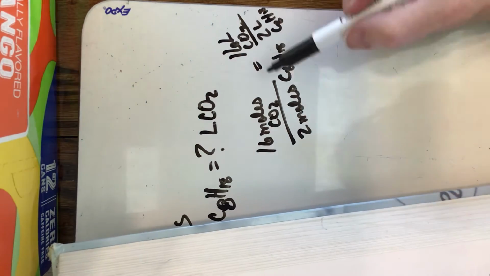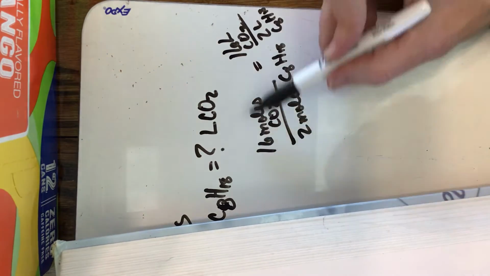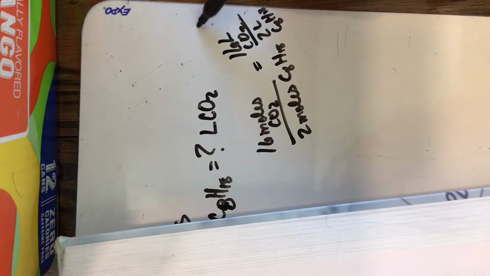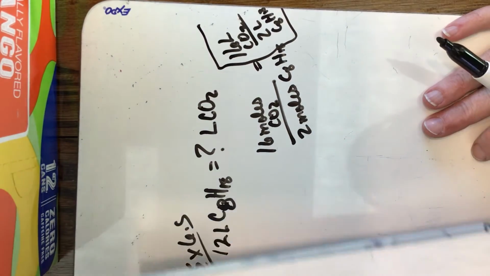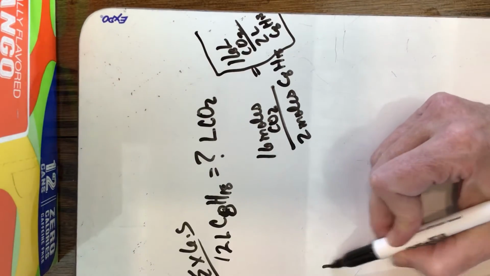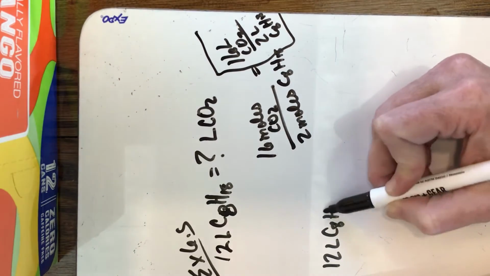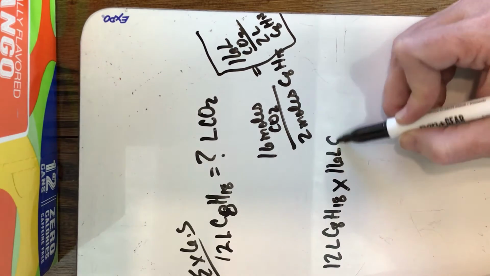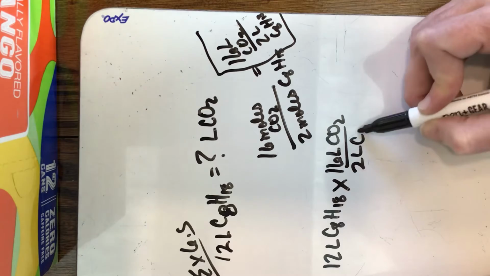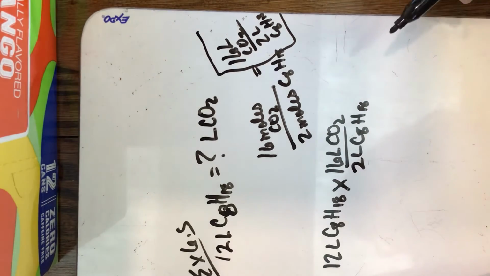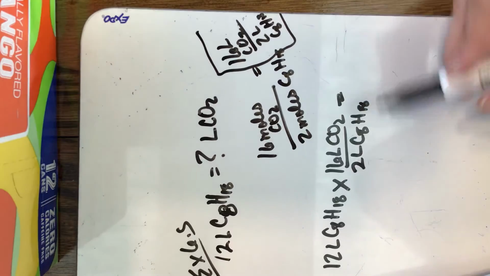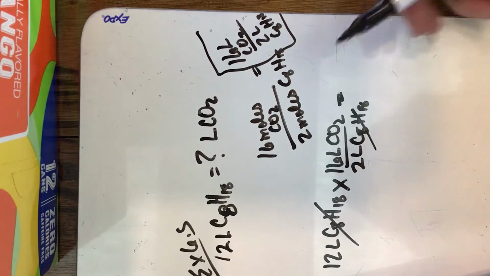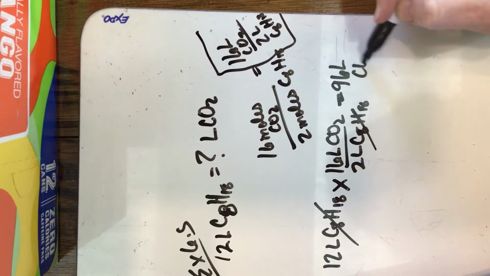So that's all they're saying is you can not only write a conversion factor about the moles from the equation, but you can write one about the liters. And so we can use the conversion factor of liters if we'd like to. So we could say 12 liters of C8H18 times 16 liters of CO2 over 2 liters of C8H18. And then in the end, we mark out our liters. We'll have 12 times 8, basically. And that's 96 liters of CO2.